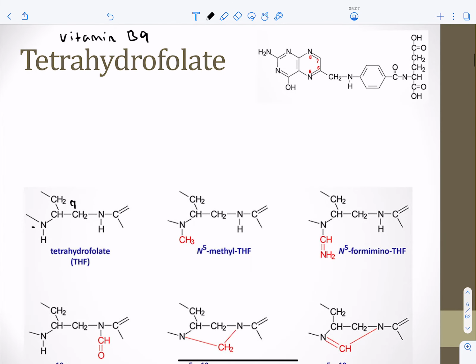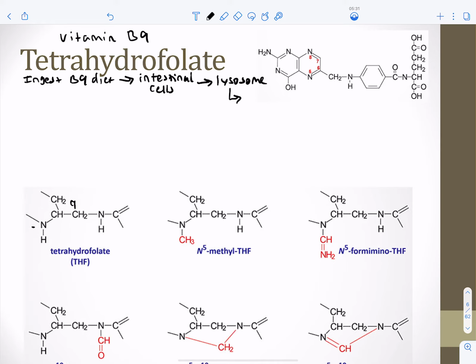Now, tetrahydrofolate is a derivative of vitamin B9, and you ingest B9 in your diet, and this goes into your intestinal cells. Within the intestinal cells, it goes into the lysosome.